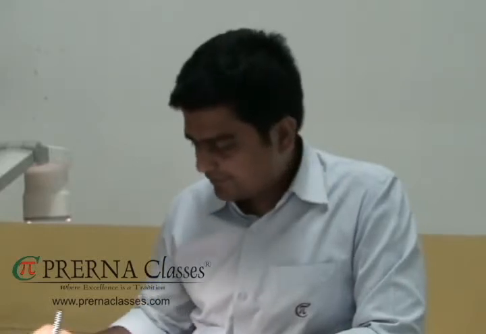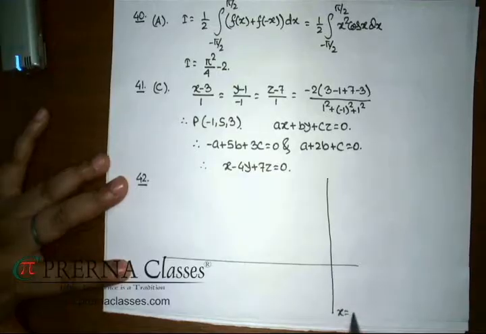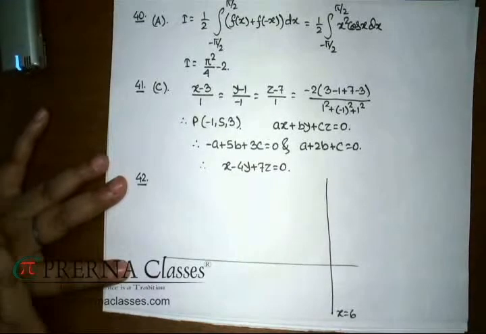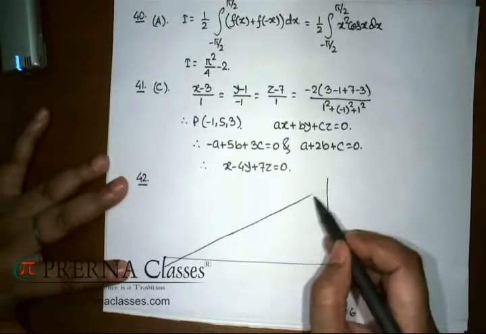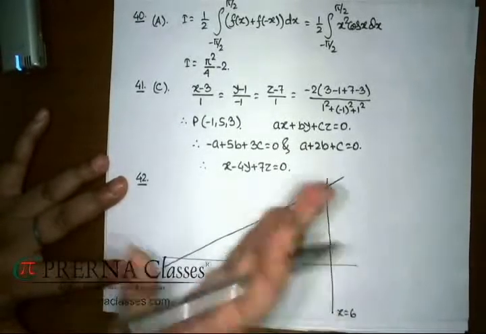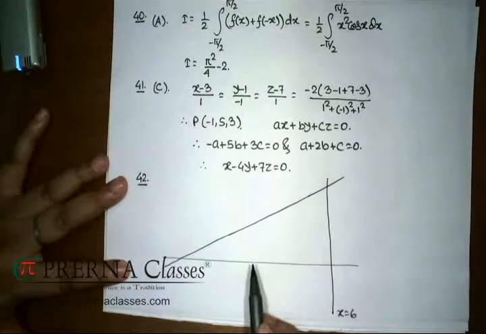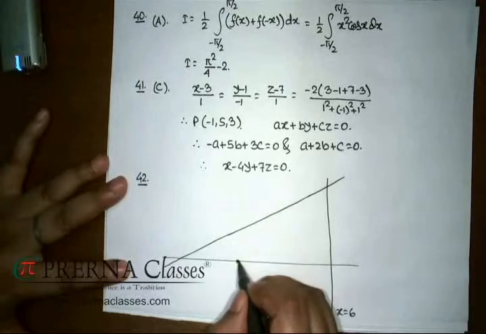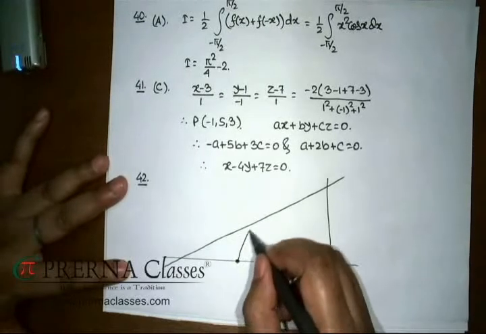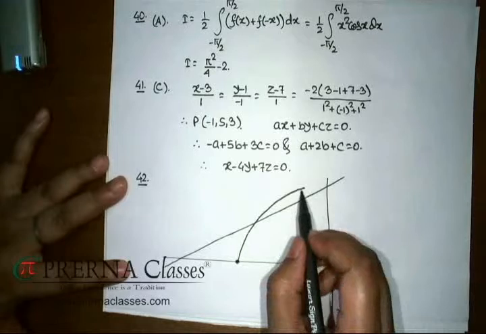The next problem is related to some area. Since we have to make sure that x is less than or equal to 6, this is the right side boundary, and the other one is related to the straight line. We are looking at the area within this region, and within this region you have to consider two different parabolic inequalities.